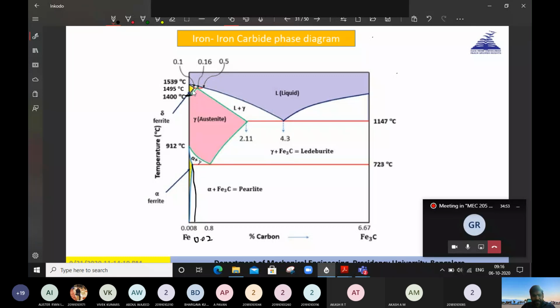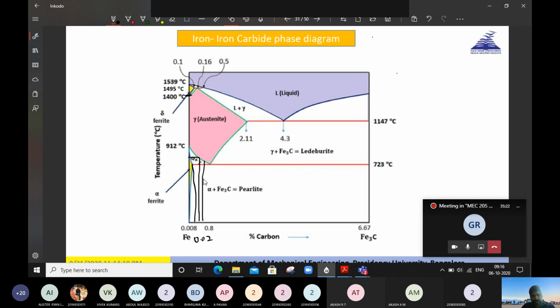Now if you increase the amount of carbon, this will change. If you take this amount of carbon, austenite begins to form at this temperature. Below this, it will be in a different phase.